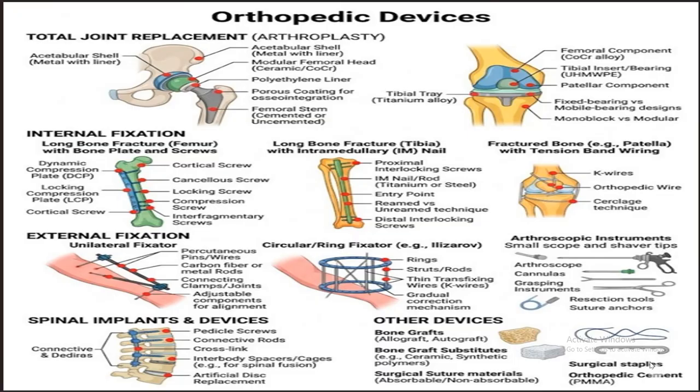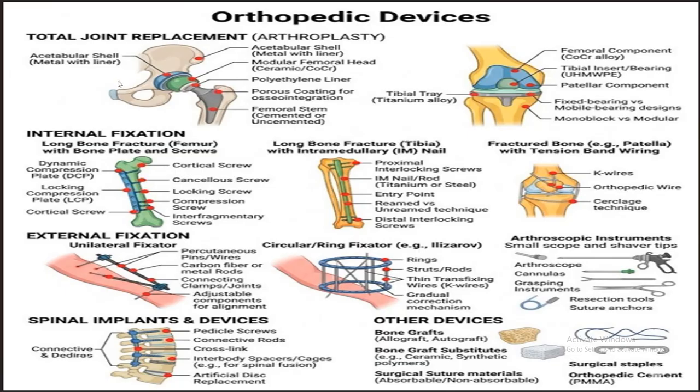If you want to code replacement of hip, you have two components, acetabular component as well as femoral component. Sometimes documentation is unclear, so you can't understand whether it is hip replacement or knee replacement. So how do you identify? By using these component names.